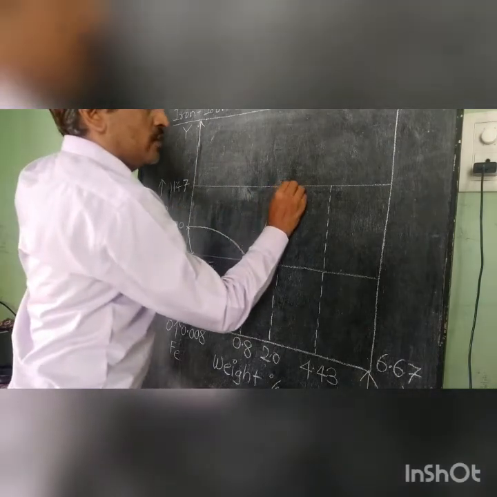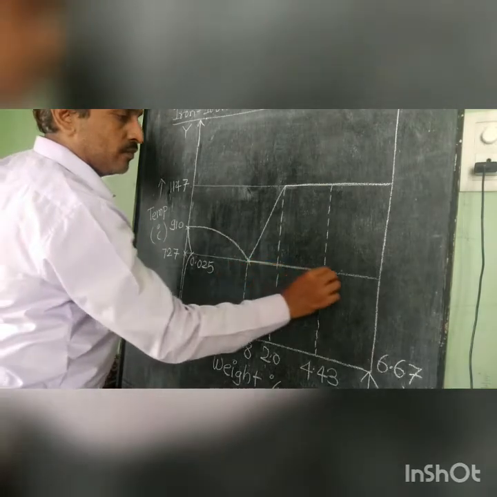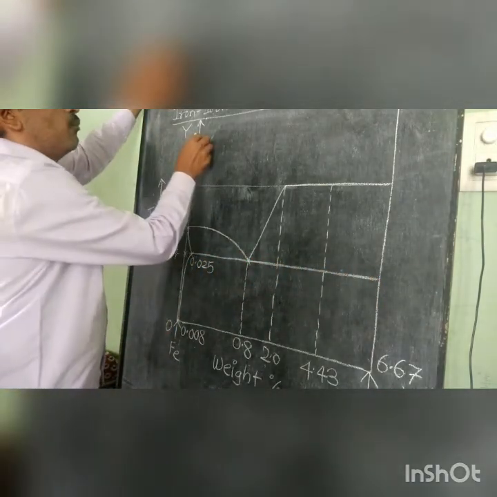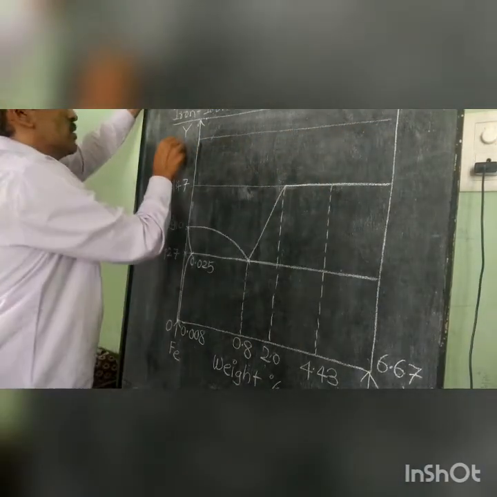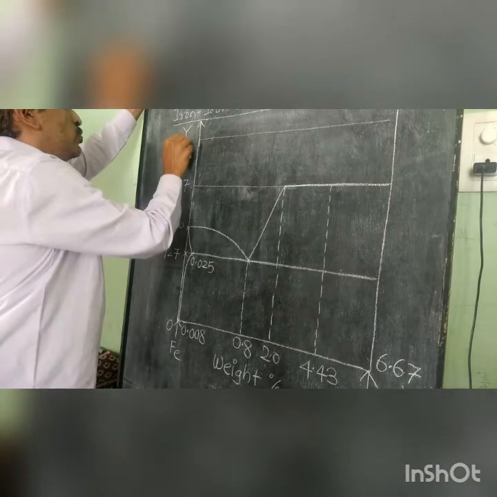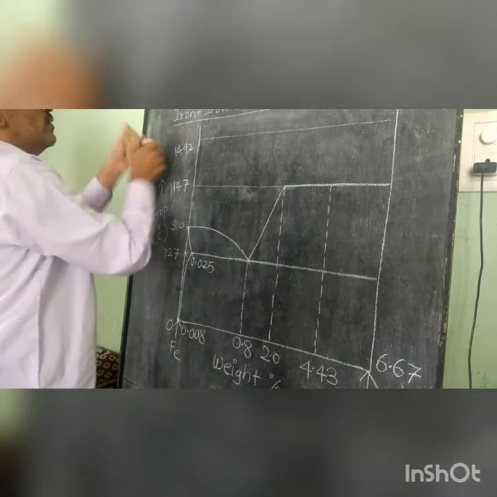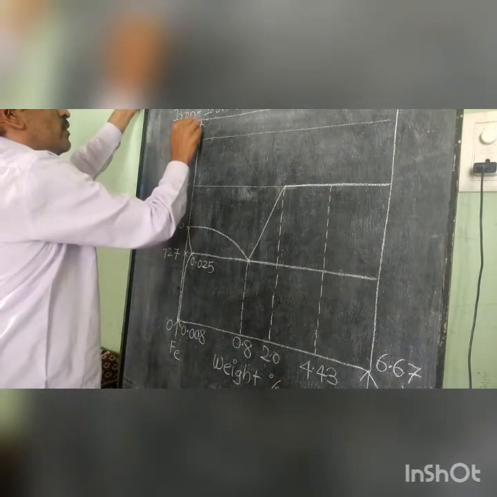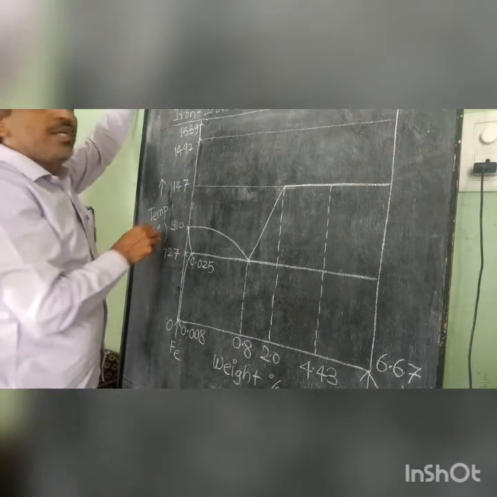Now the uppermost part of this diagram. This is a full line. Please make a note, this is also a full line. Now the uppermost part is at 1492 degrees Celsius. The melting point of pure iron is 1539 degrees Celsius. This is 1492.